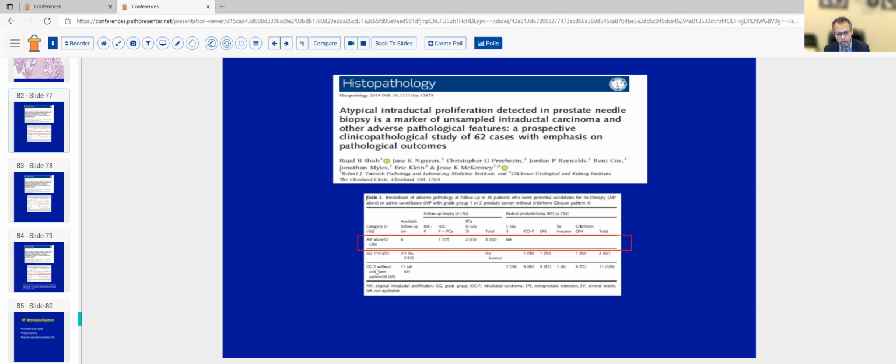What I mean by cribriform pattern is patients who lacked either Gleason pattern 4 cribriform or intraductal carcinoma. So if we look at this AIP alone group, we had 12 patients, 6 patients had available follow-up, and of these, 50% at repeat biopsy had clinically significant prostate cancer.